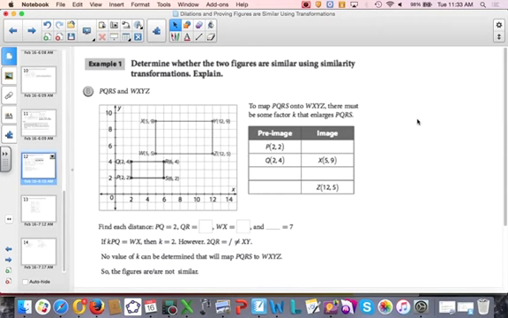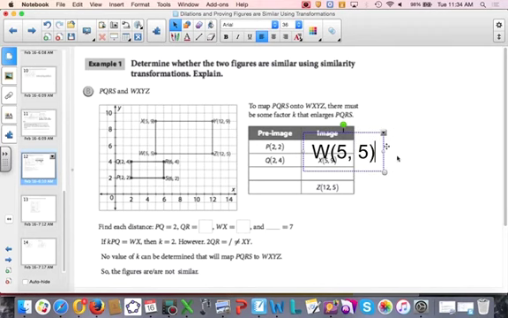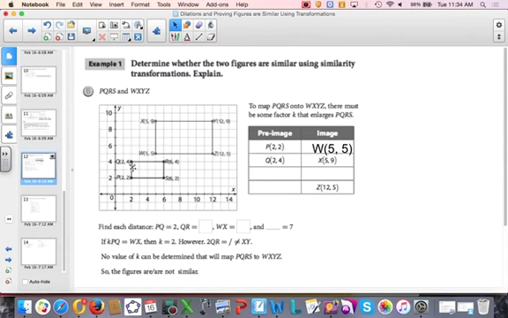In this example, we're trying to determine whether the figures are similar using a similarity transformation. So P is located at (2, 2). Its image is W, located at (5, 5). Q is located at (2, 4). Its image is X at (5, 9).